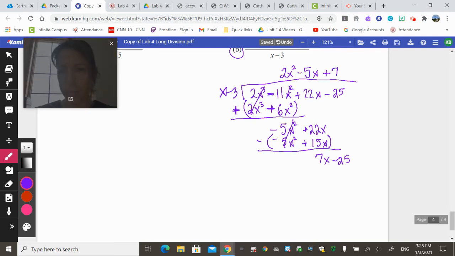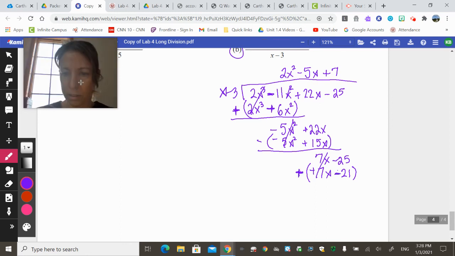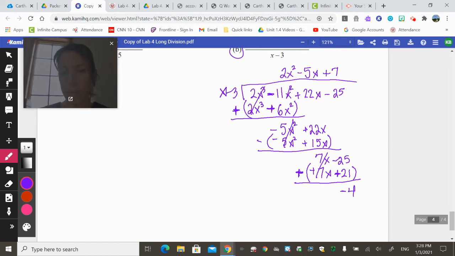Plus 7. And then I distribute that 7 to get a positive 7x. And a 7 times a negative 3 is a negative 21. And I need to subtract. So I get negative 25 minus a negative again, which is just going to turn that into a plus. And when I subtract, I get a negative 4. So my remainder is going to be a negative 4.